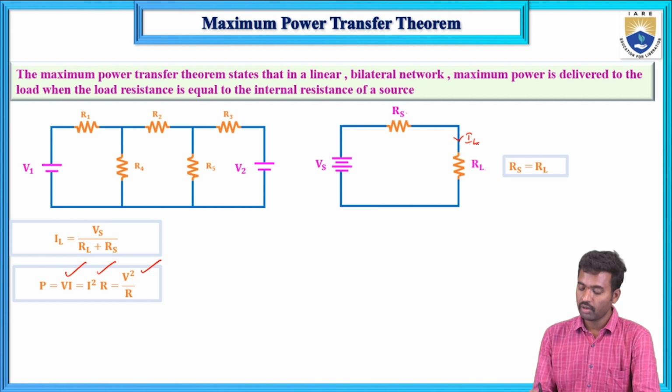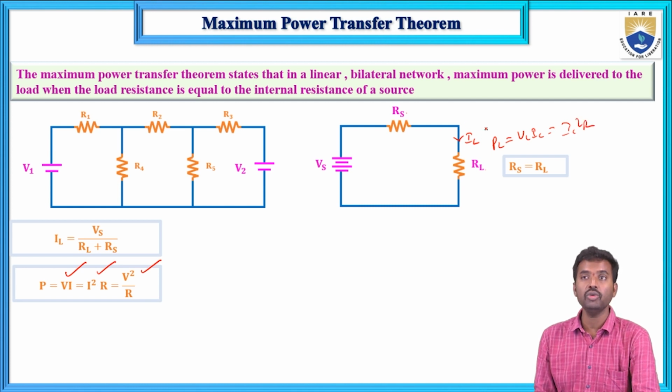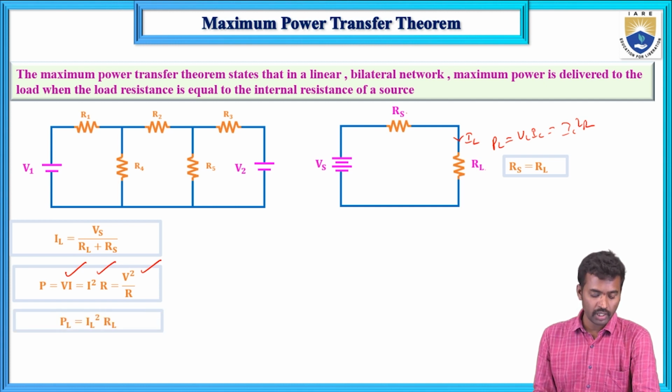Now the power delivered to the load, PL equals VL into IL, that equals IL square RL. If we know the current value, then we can write the power formula as PL equals IL square into RL.